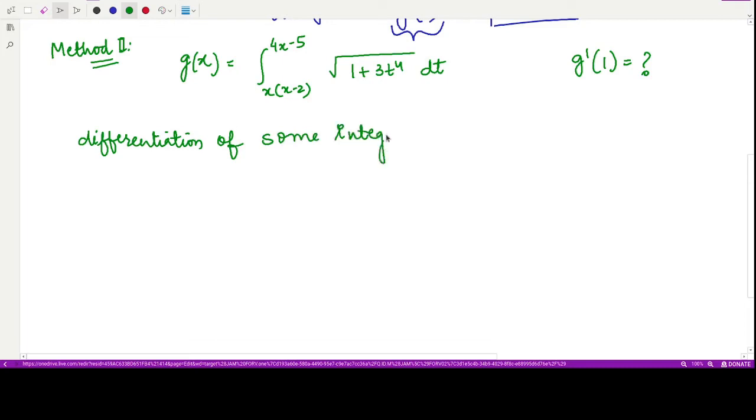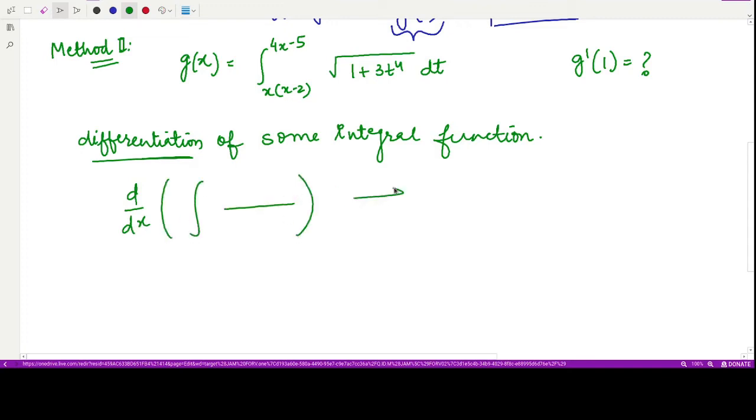Whenever you are to take the derivative of an integral function, that means d dx of some integral, we have the so called Leibniz rule.